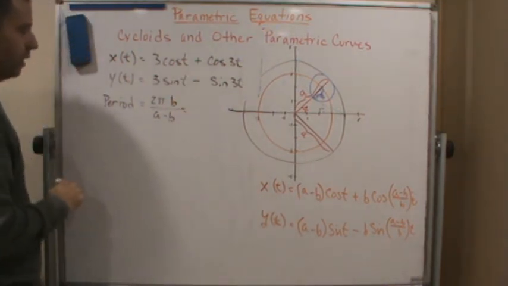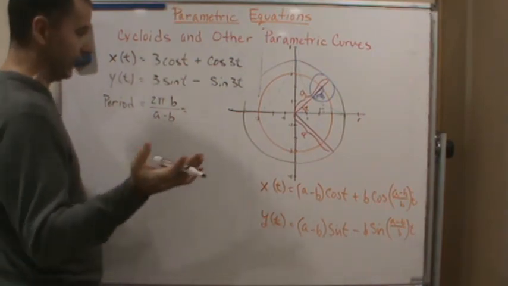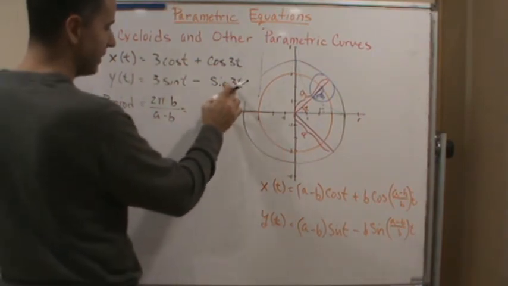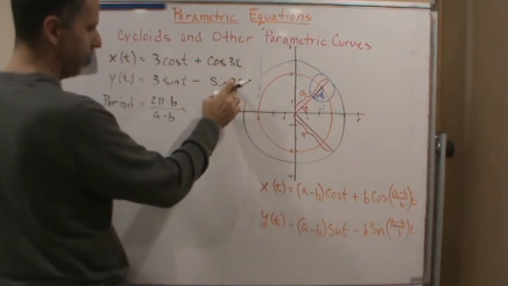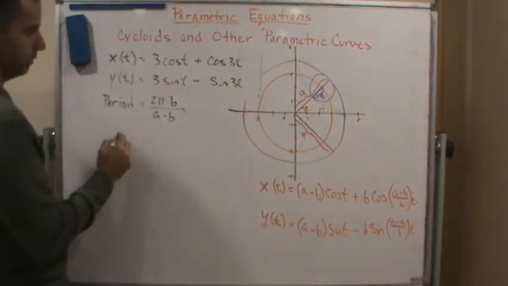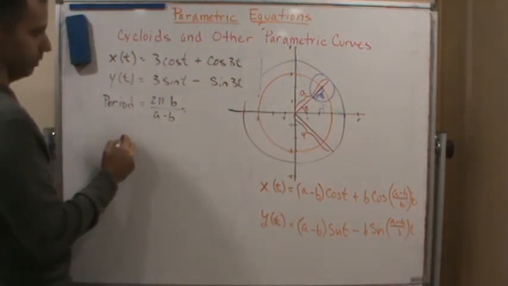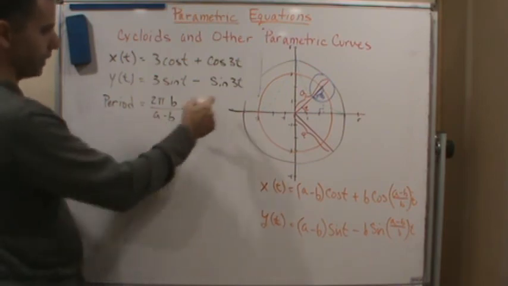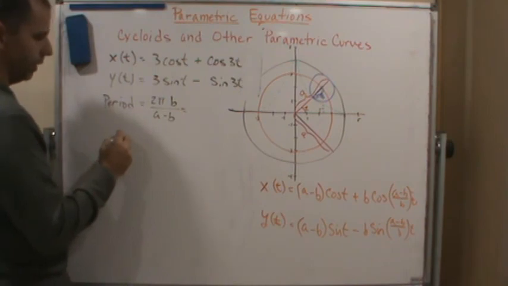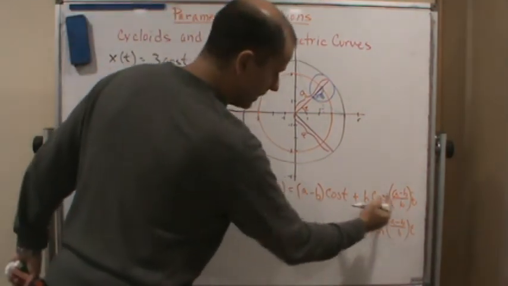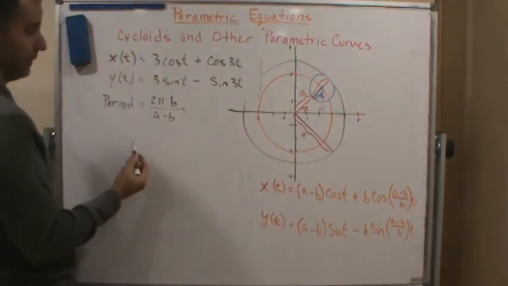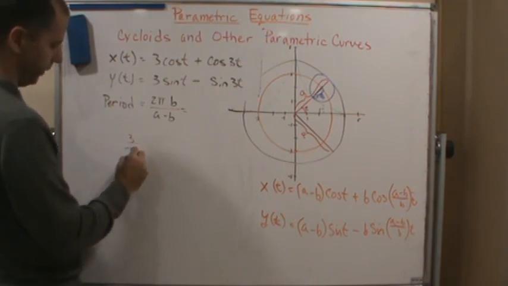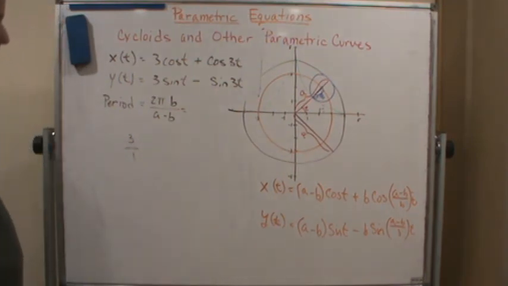So in this case, what's a and b? Well, in this case, the ratio is 3, which again fits this. So what could that be? Well, 3 over 1.